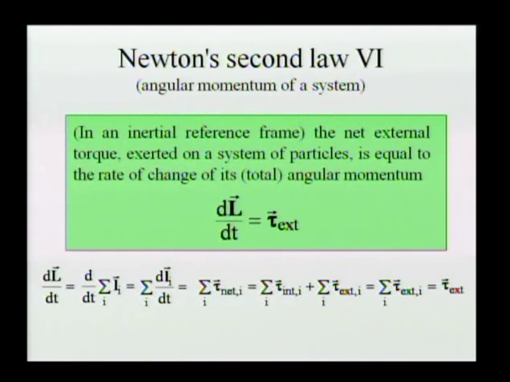So Newton's second law of motion for the total angular momentum says that in an inertial reference frame, the net external torque exerted on a system of particles is equal to the rate of change in its total angular momentum.